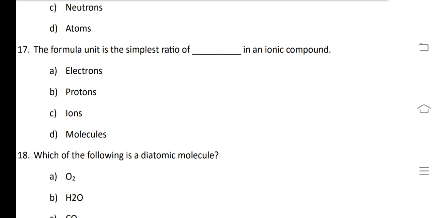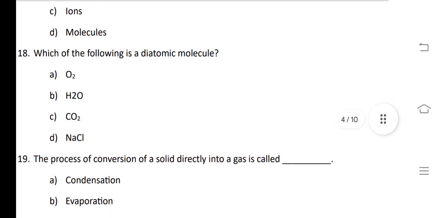Our next question: which of the following is a diatomic molecule? That means the molecule should contain 2 atoms. In the case of water, there are a total of 3 atoms.